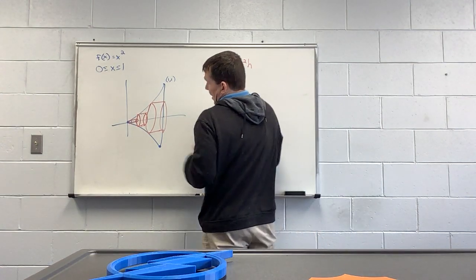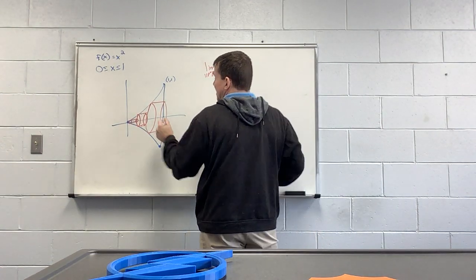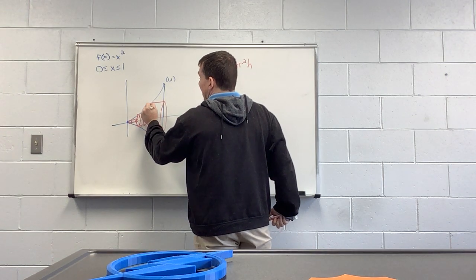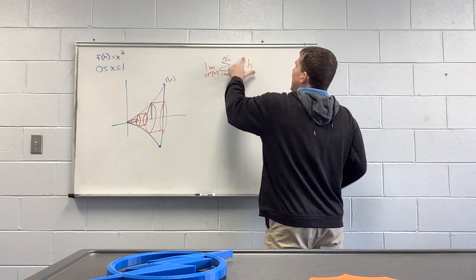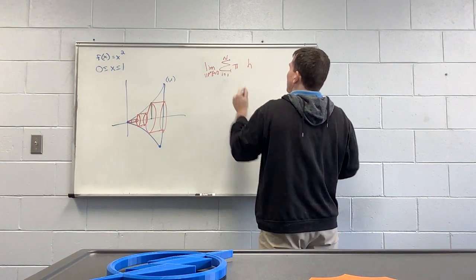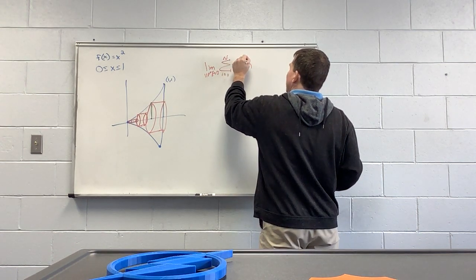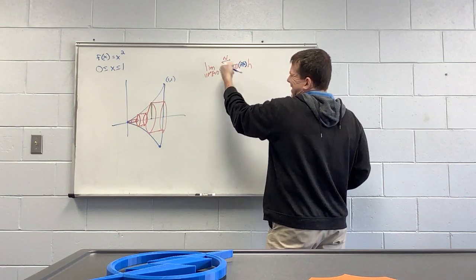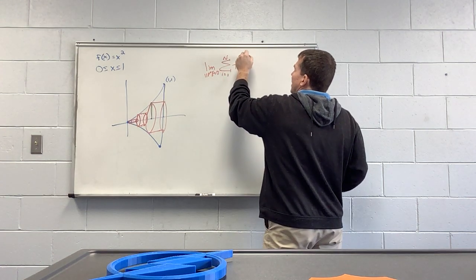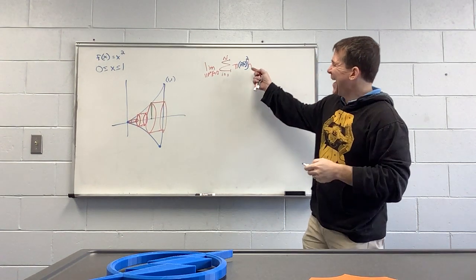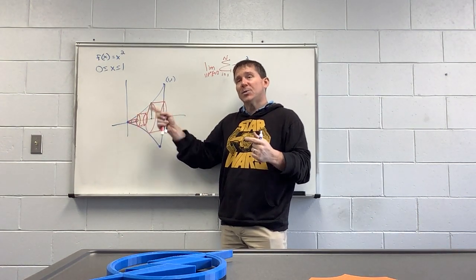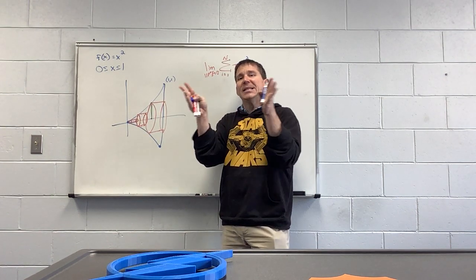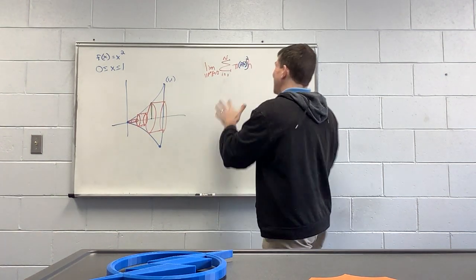The radius, if I pick any of these cylinders, the radius of that cylinder is the function value. So my radius can be replaced with f of x, or f of x sub i, since this is done for all of them. So that's pi r squared. Height, the height of my cylinder is this distance, which we just said is the thing I'm going to shrink down. That's the thing that's going to change.